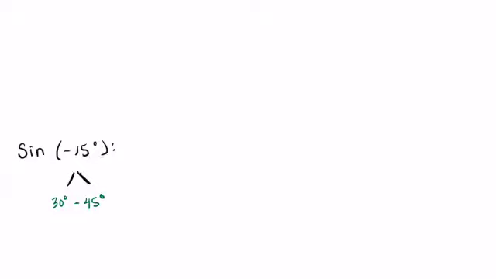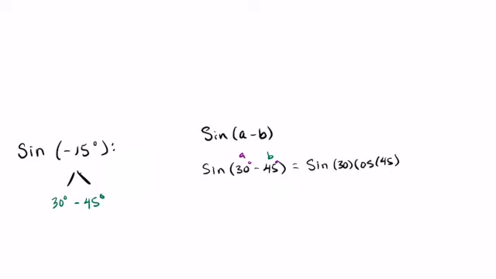So using the same principle where we have A minus B, we have 30 minus 45 degrees, where 30 is going to be A and 45 is going to be B. I'm going to follow that same pattern where we had the sine of A times the cosine of B. And we're not going to worry about the negative.